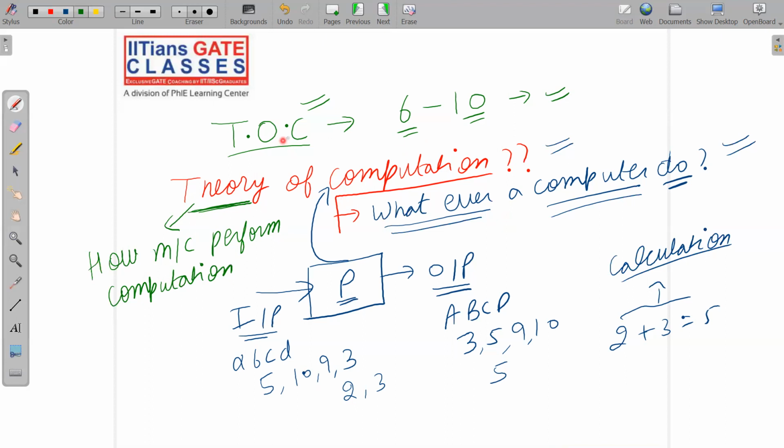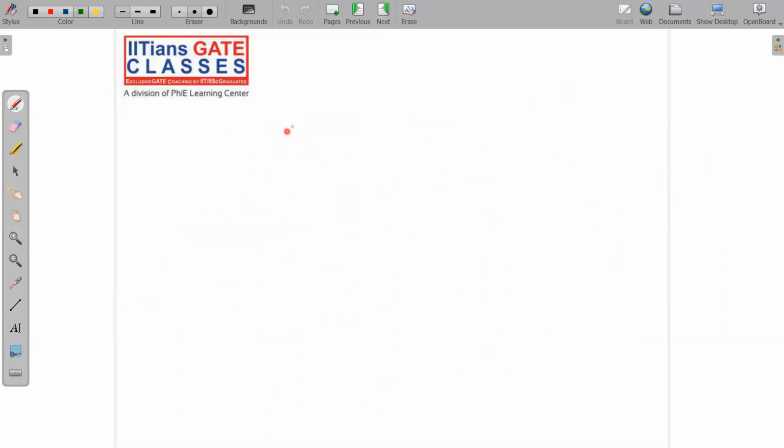So let me move to the next slide and we will study some deeper meanings of this subject. I hope by now you have already noted down all these things. These are very basic things. In this subject, the next question will be what are the things which we are going to study in this subject.